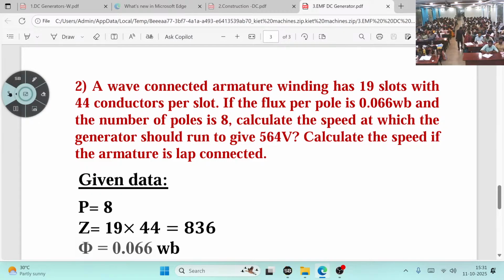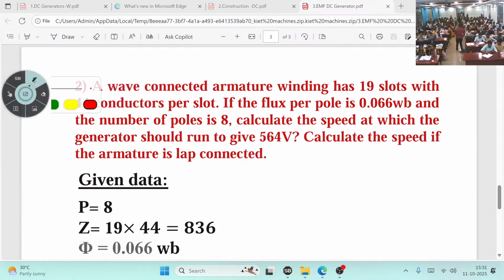A wave connected armature winding has 19 slots with 44 conductors per slot. If the flux per pole is 0.066 Webers and the number of poles is 8, calculate the speed at which the generator should run to give 564 volts. Calculate the speed if the armature is lap connected.